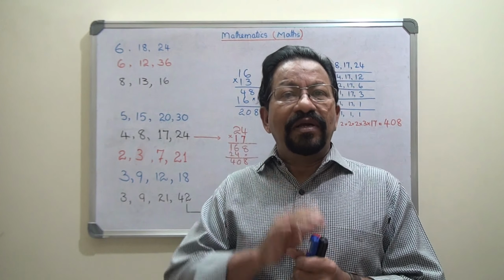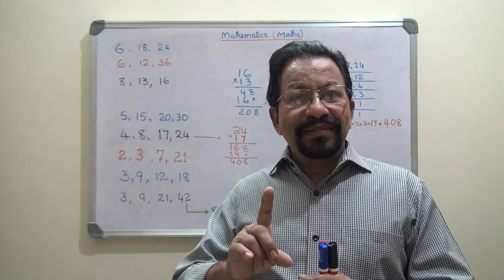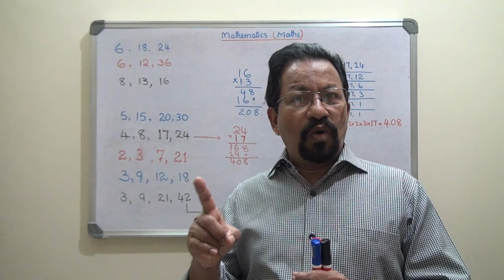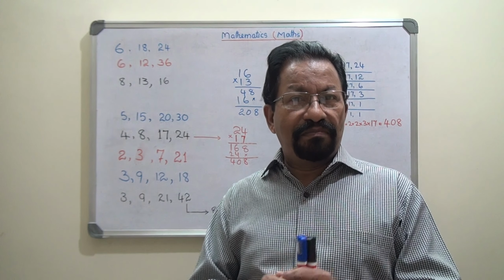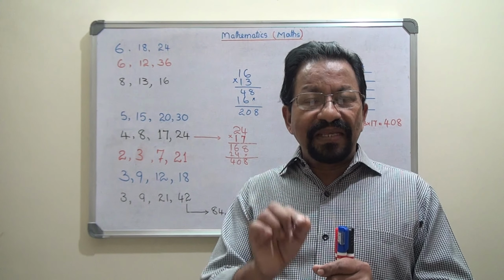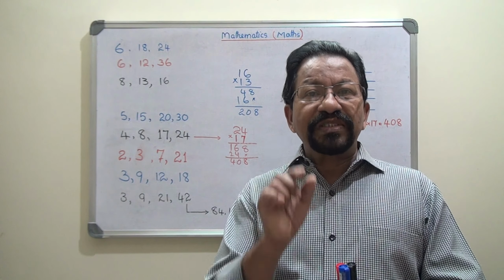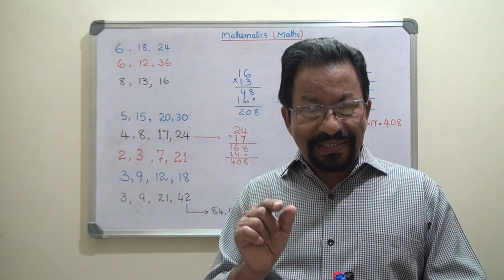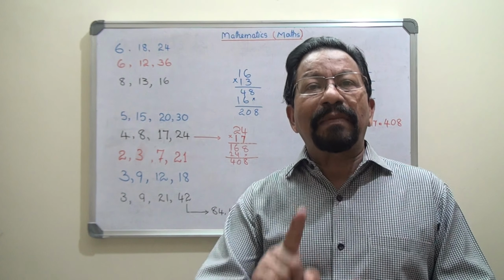If there are 4 denominators, the LCM will be either the largest number or a multiple of that number. This is a common rule. Please understand, the LCM of the denominators, if there are 3 or 4, whatever it may be, is the highest number, the biggest number, or a multiple of that number.